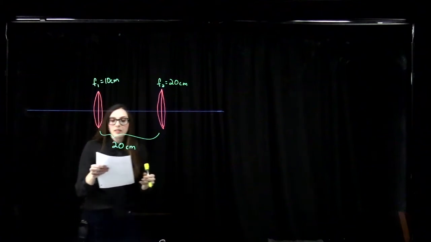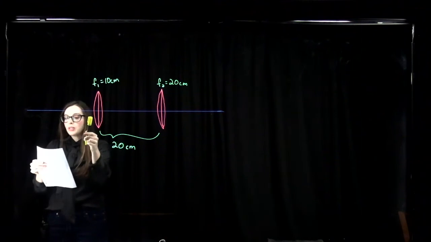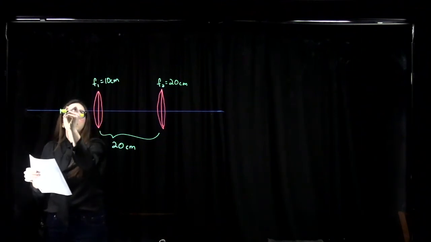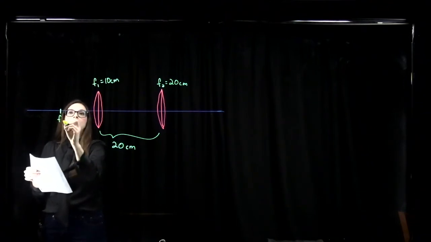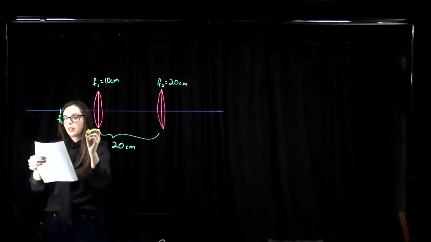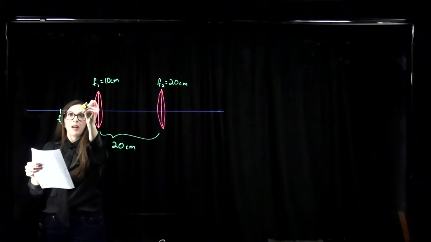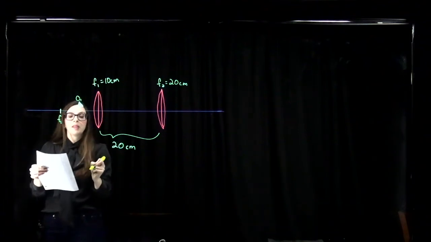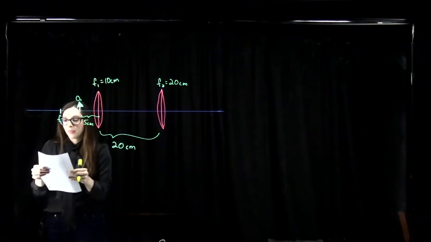We're going to place an object 5 centimeters to the left of our first lens. So here's my object, I'm going to call this O1, and the distance here is 5 centimeters.